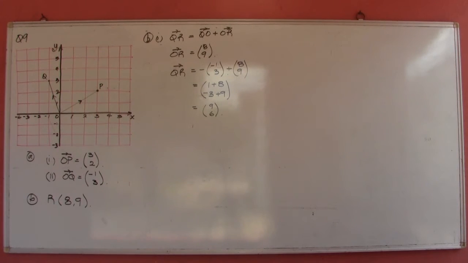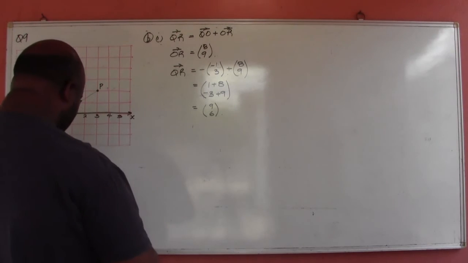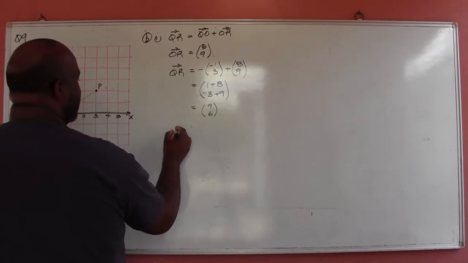It says, using a vector method, show that OP and QR are parallel.